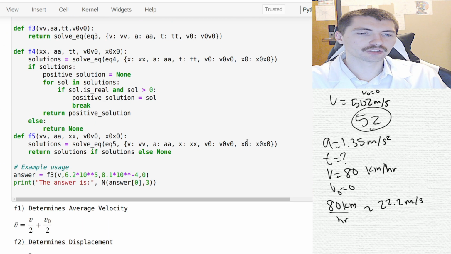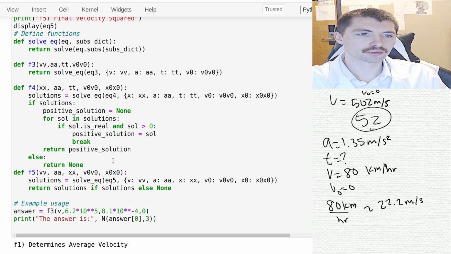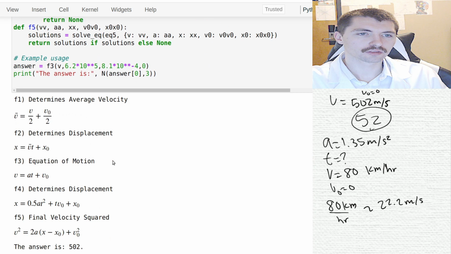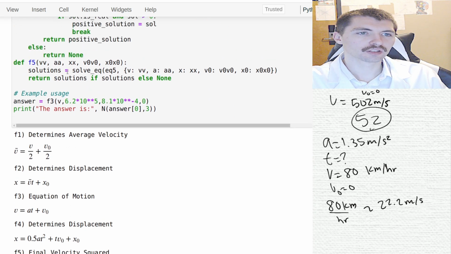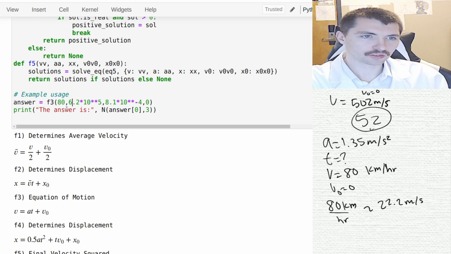So now we can convert this. Plug this into equation 3 again. So we know V is 80. We're solving for t.